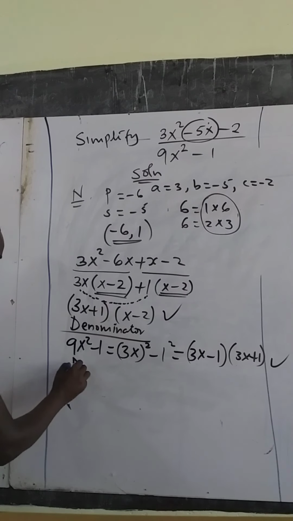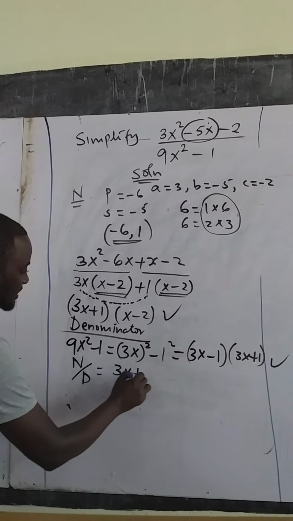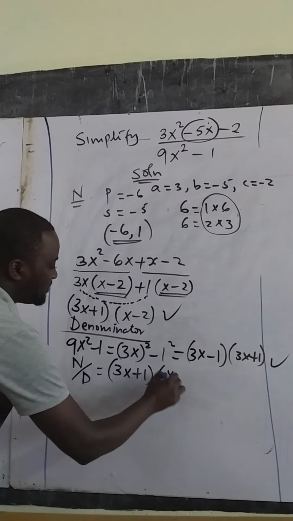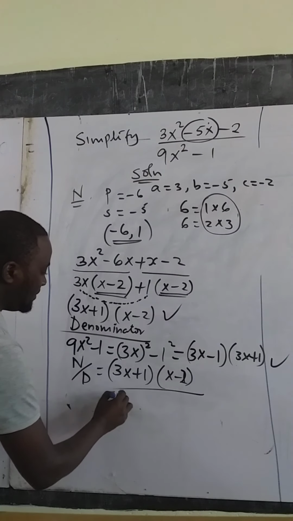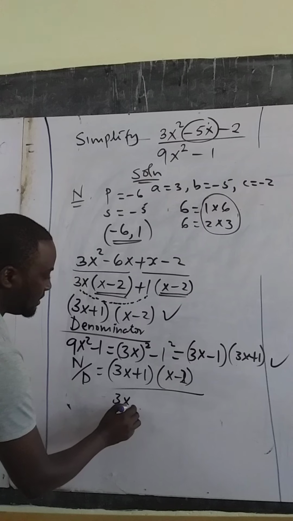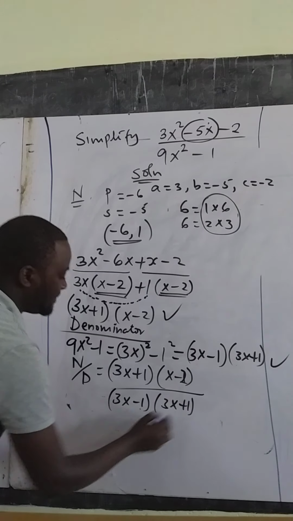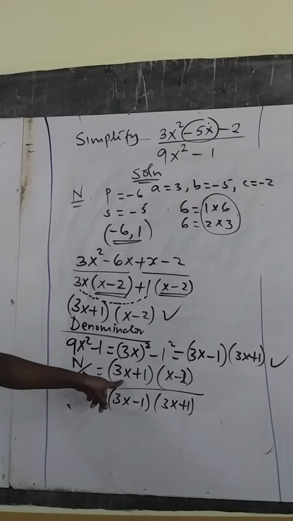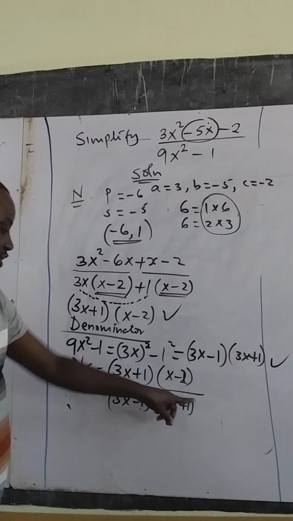Now take the numerator and divide by the denominator: 3x plus 1 times x minus 2, over 3x minus 1 times 3x plus 1. This is 3x plus 1 from the numerator and 3x plus 1 from the denominator.